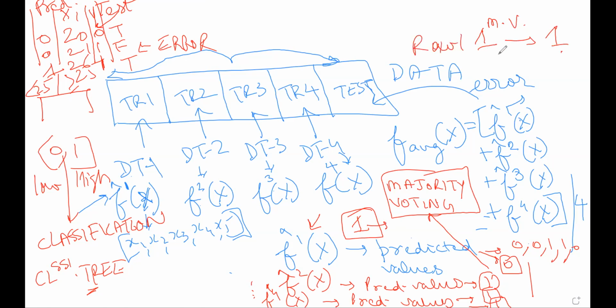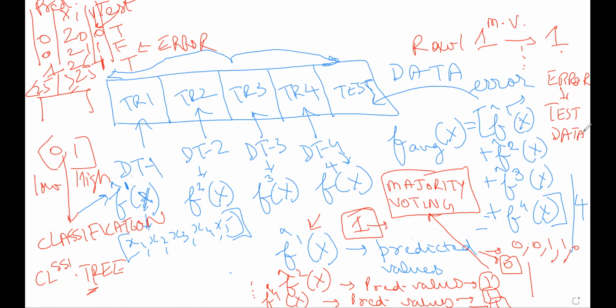And you can keep on doing it for all the rows, and thereby you are going to get an error using multiple stumps with majority voting on the test data. I'll repeat this. I'm going to combine multiple decision trees.